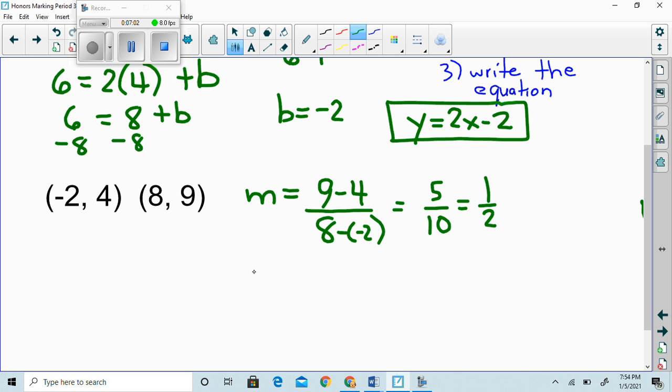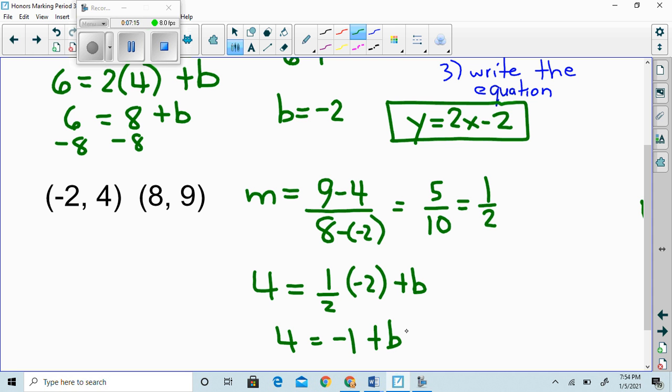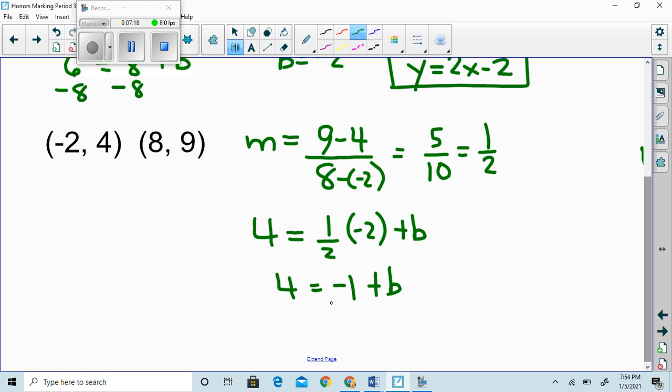So I'll get 4 is equal to 1/2 of -2 plus b. You then go ahead and solve this equation for b. We get b is equal to 5.